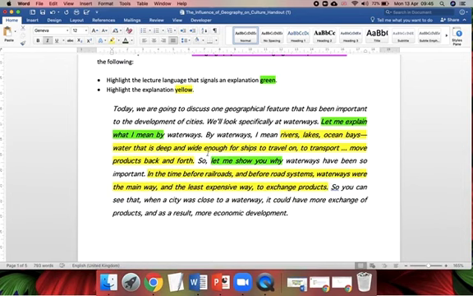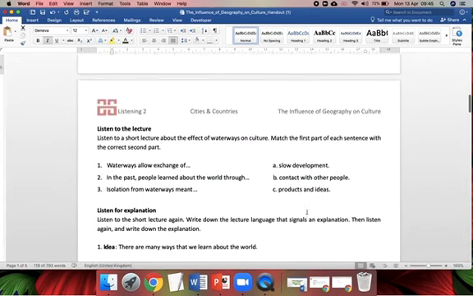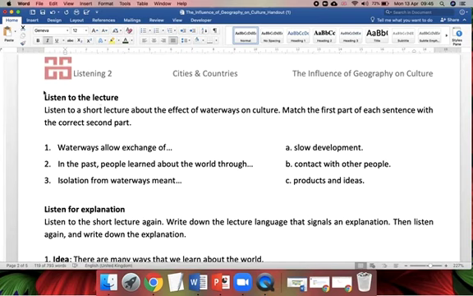Okay, but when we read the text, it's easier to spot this lecture language and explanation, so let's try to do this in the listening text. In the folder you can find one audio file, the influence of geography. It's a practice lecture. Please listen to it and match two halves of the sentences.